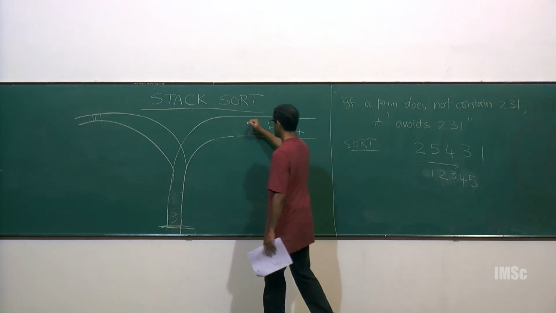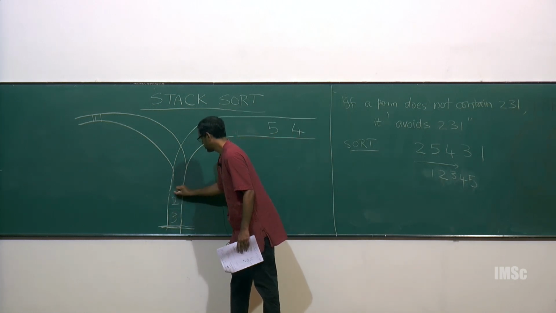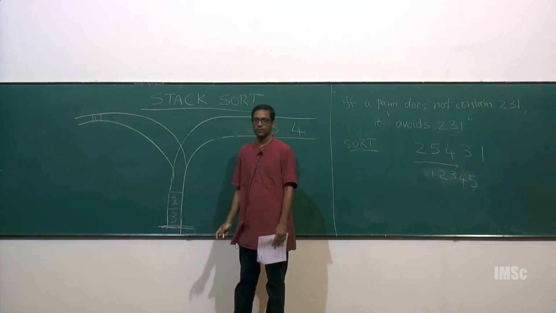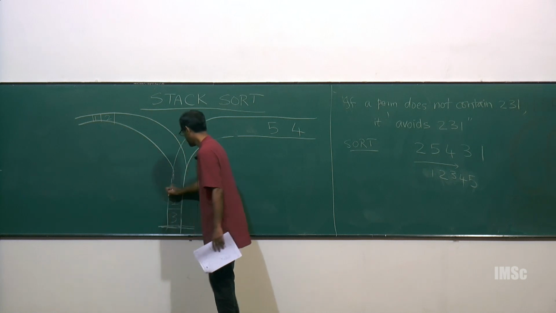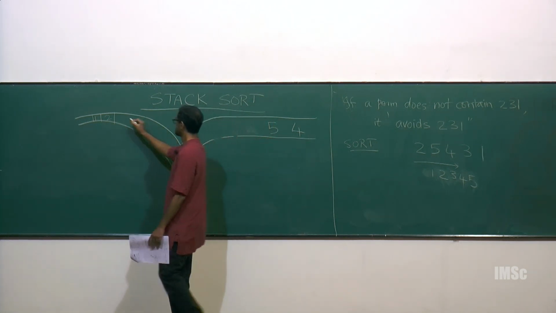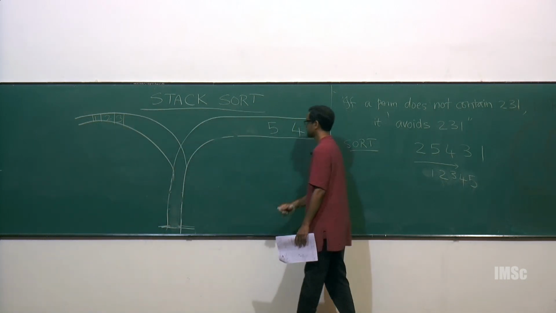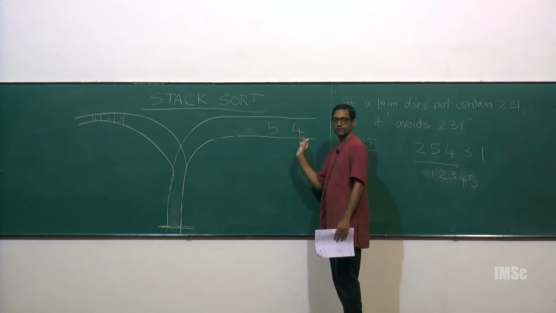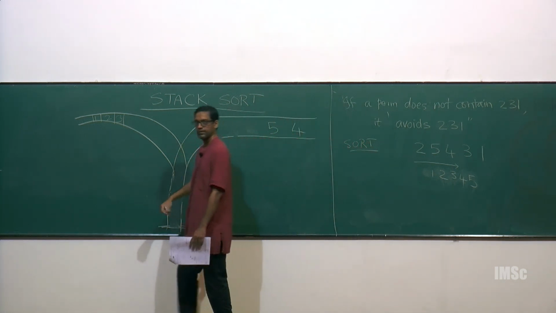Now let's see, 2. Push, 2 parks there, and now pop 2 out. Now pop 3 out. I can do that. Next, push 5 in, push 4 in, pop 4 out, and then pop 5 out.